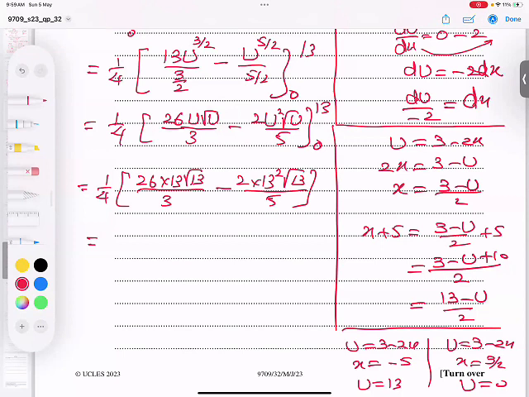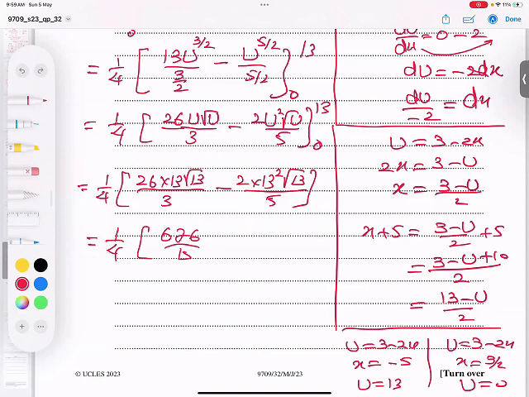And after this, if I check in calculator, 26 into 13 divided by 3 minus 2 into 169 divided by 5. And yes, it is coming 104 here. Inside I take LCM 5. I type the whole thing in calculator and I got 676 over 15.